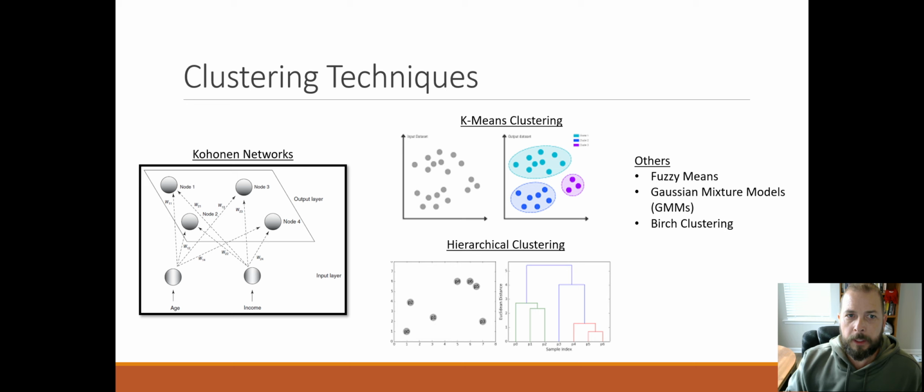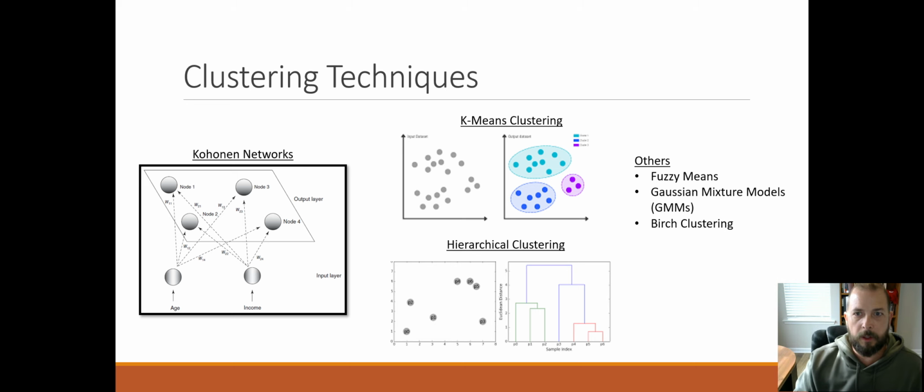So there are a couple different clustering techniques out there. These are just a list of the few ones. We're going to specifically look at K-means clustering, but hierarchical clustering is another algorithm that groups different records based on similarities, as well as the Kohonen networks.